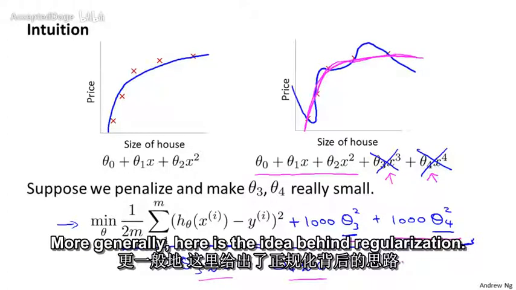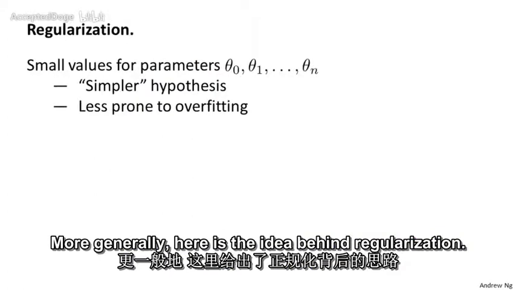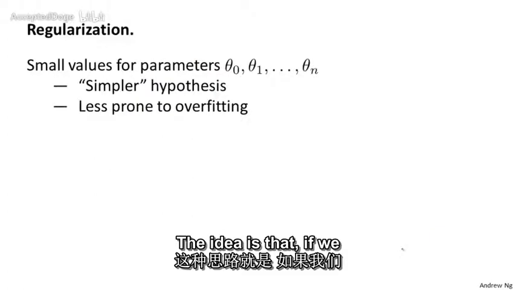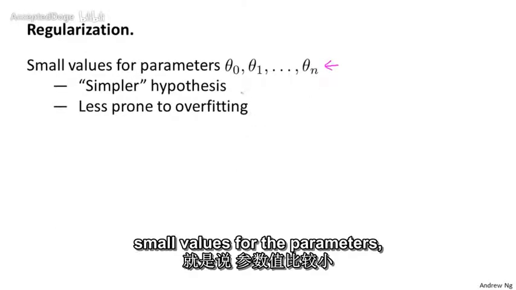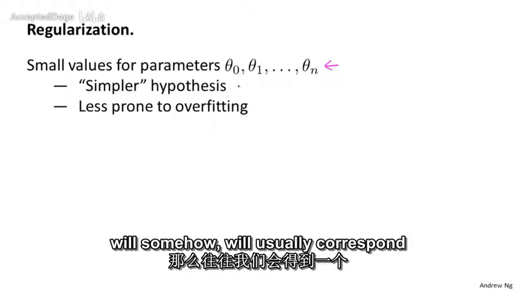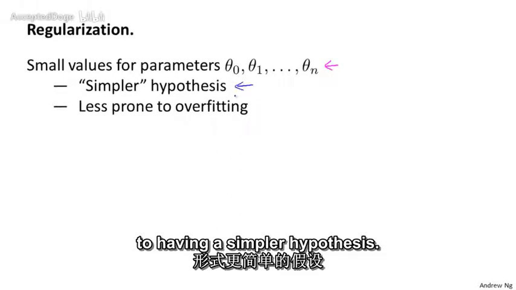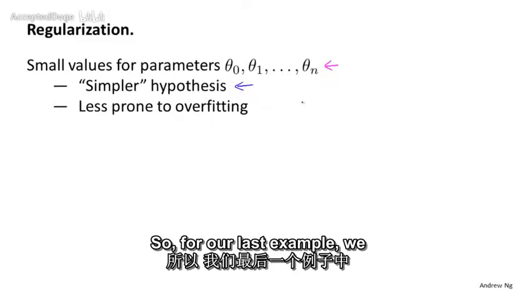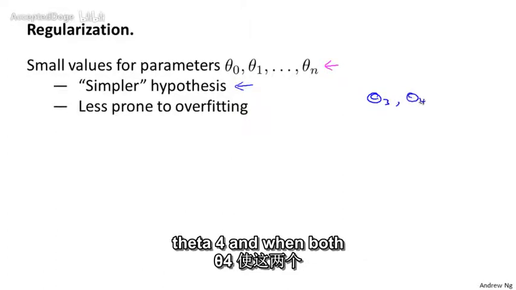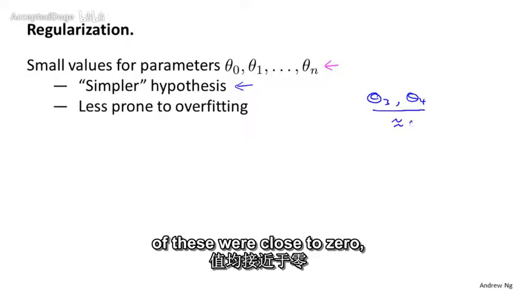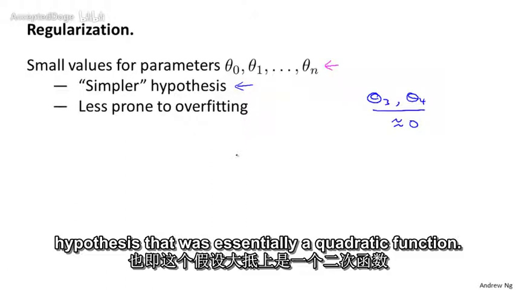More generally, here's the idea behind regularization. The idea is that having small values for the parameters will usually correspond to having a simpler hypothesis. So for our last example, we penalized just theta3 and theta4, and when both of these were close to 0, we wound up with a much simpler hypothesis that was essentially a quadratic function.